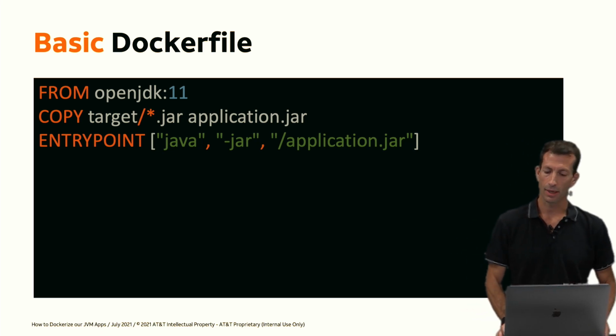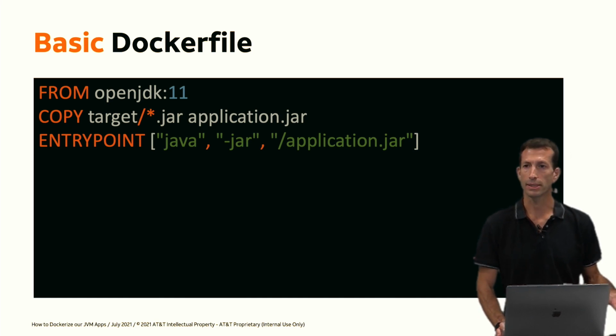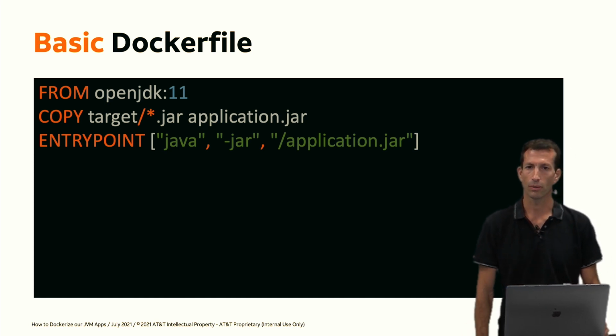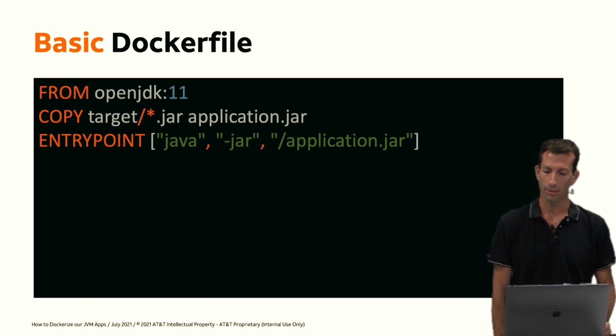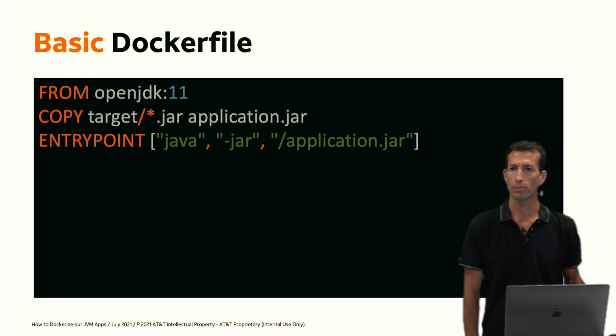If you're not Docker savvy, don't worry. I think you'll be able to follow along. This is a basic Dockerfile. We can see the FROM instruction, which instructs Docker to build this image starting from a base image. In this case, it's OpenJDK 11.